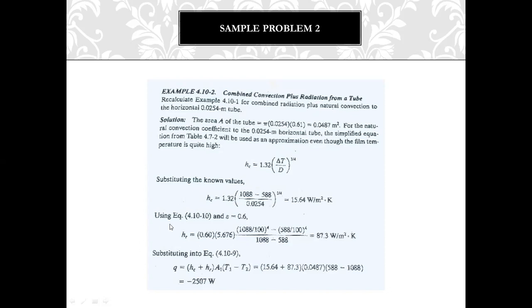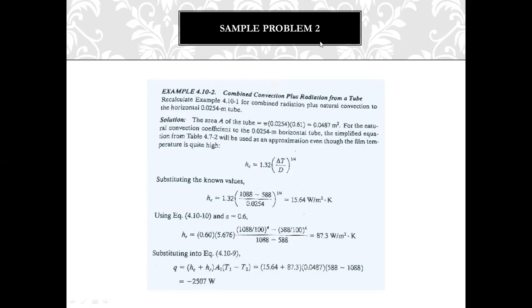Now, if you're going to use equation 4.10-10 and you're still going to use the emissivity at the surrounding temperature, this formula for H sub R, I will just write in here. So I will just annotate in this slide.